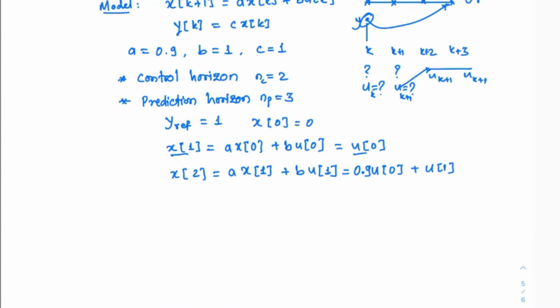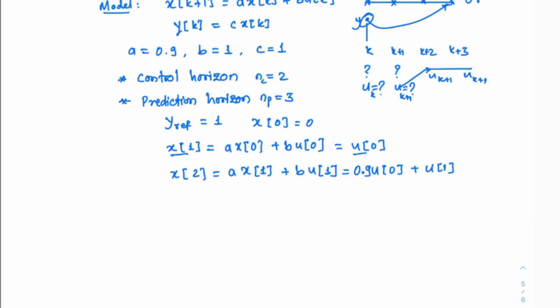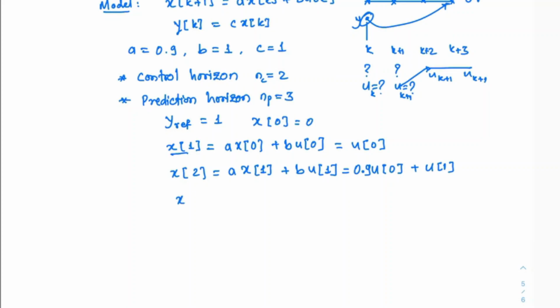Now I am saying my control horizon was 2. That means I want to determine only two inputs, u0 and u1, and I am going to hold the same input for my third prediction, that is x3. So here you see, I am holding the input.